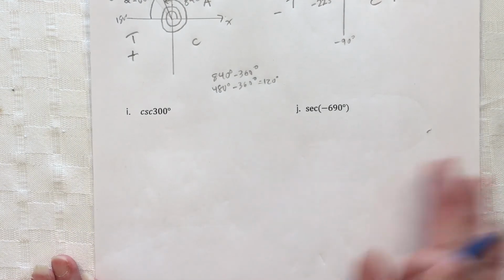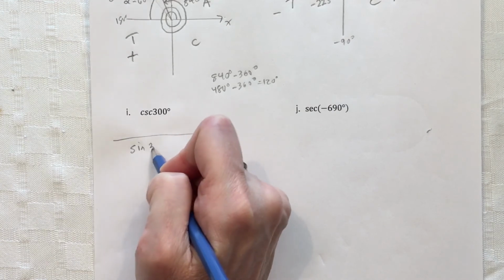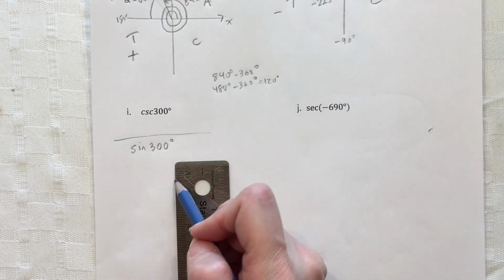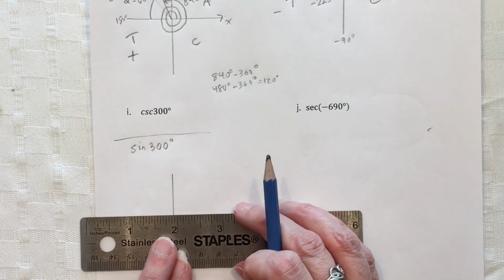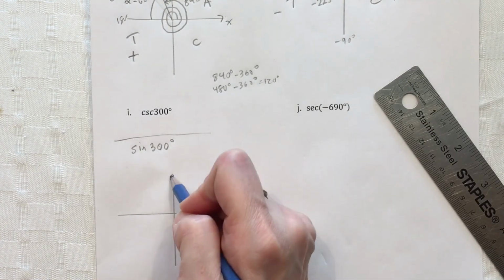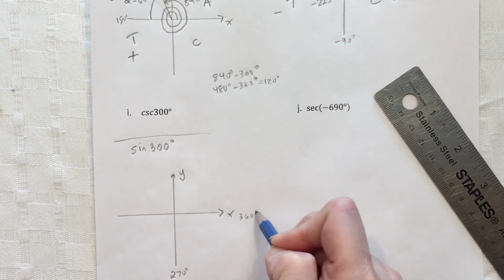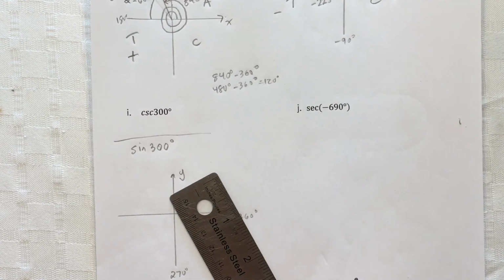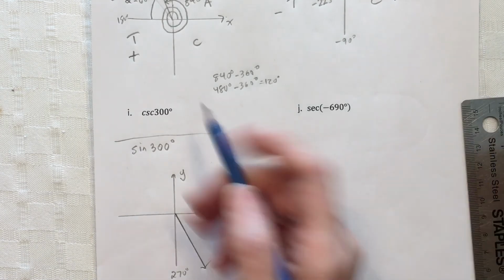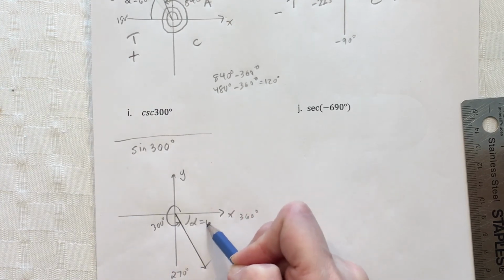All right, cosecant of 300. We'll leave some space and first find the related sine of 300 degrees. So 300 degrees, this is 270 and this is 360, so 300 is going to be closer to the x-axis. Here's 300 degrees, which means alpha is going to be 60 degrees.